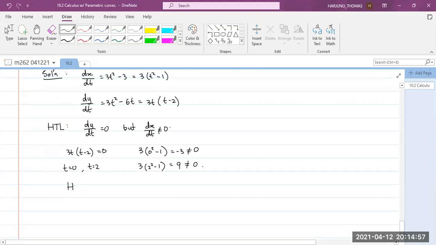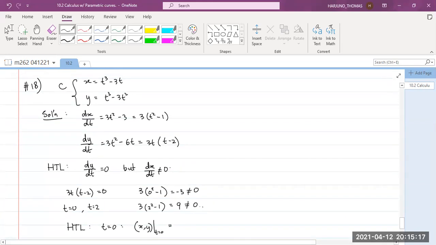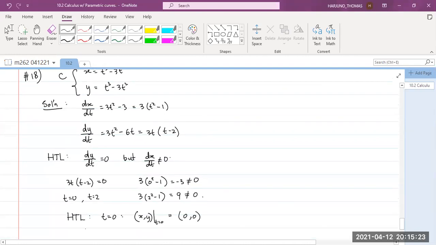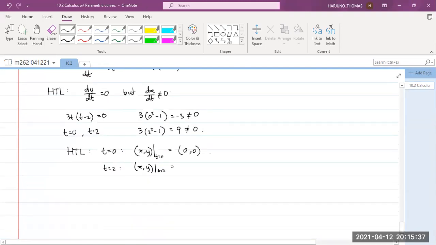So we have horizontal tangent line at t equals 0, which means the coordinate is what? Go back to that, when t equals 0, x and y are 0, 0, right? And when t equals 2, that's 8 minus 12, that's negative 4.